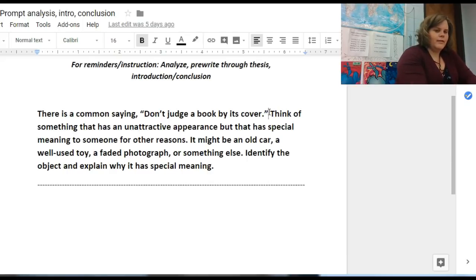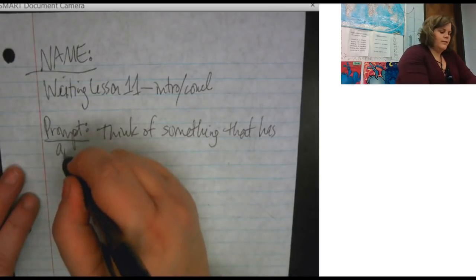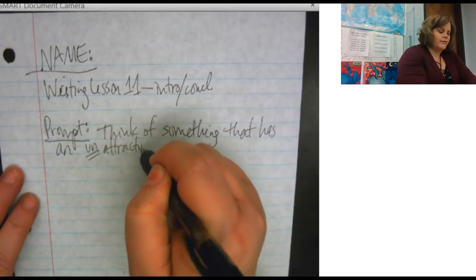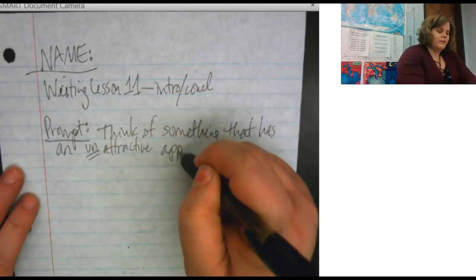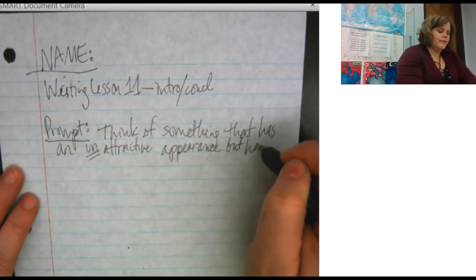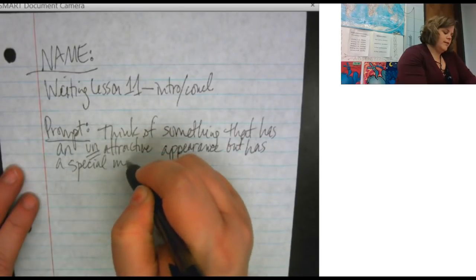Think of something, you should be writing this down, that has an unattractive appearance. The key is unattractive appearance, but has a special meaning.